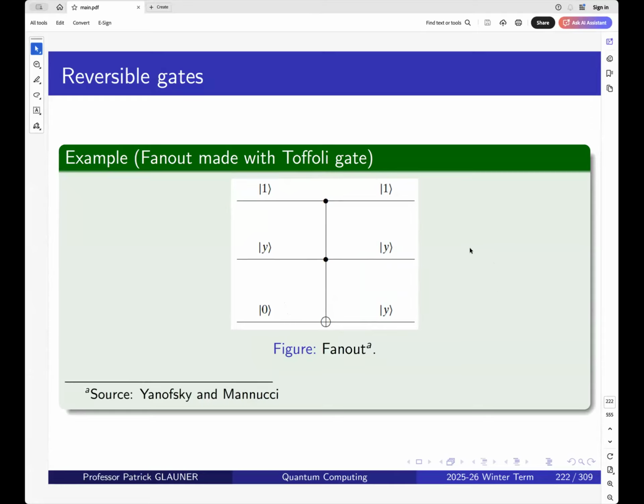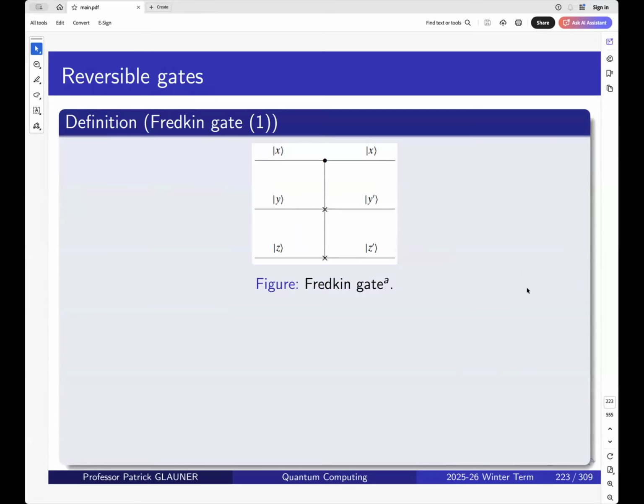It is very important that this only works for binary input, so bits. If you have Y as a qubit, the Toffoli gate will not be able to copy your qubit because there's the no cloning theorem. It's something we see next week, and you're unable to just copy a quantum state. So this works from a binary perspective, but not from a quantum perspective. But we'll see this next week.